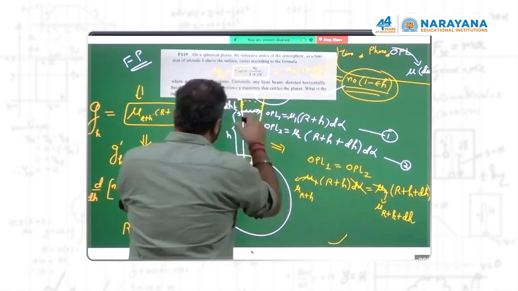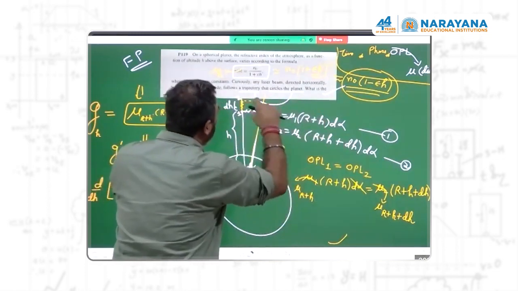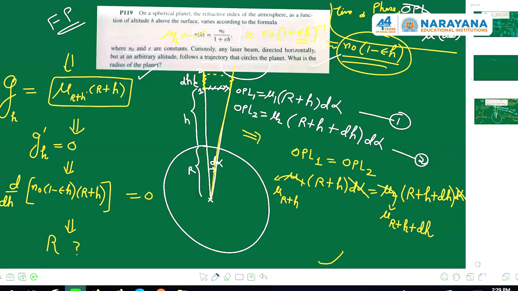So for any h where you want to hit this laser beam, we are trying to solve it for a general h where this laser beam is incident. And for that thickness dh, I want it to encircle. So that thing becomes evident to you, that you have to just write this equation. And then I knew that this term should be constant.